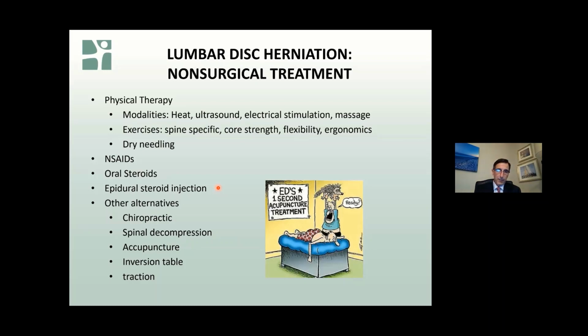And it's a standard treatment, and sometimes it works very well. It doesn't always work. It's a little bit hit or miss. It's extremely safe, but sometimes people get good relief and sometimes they don't. It does not fix the underlying problem. It reduces inflammation and helps with pain temporarily.